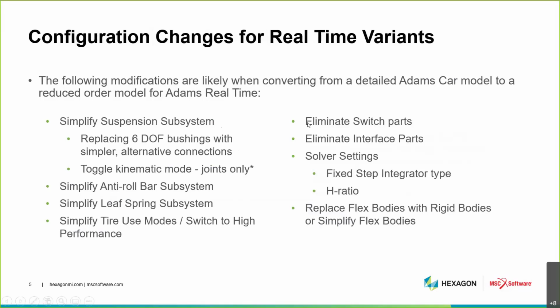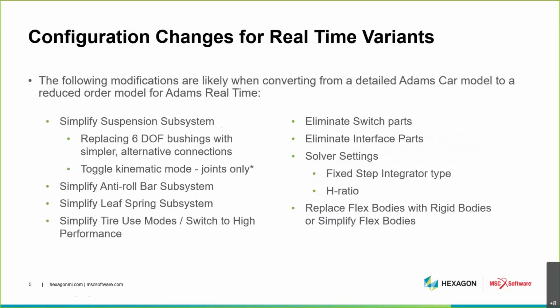We make it very simple to eliminate switch parts, eliminate interface parts, and finally, at least for the testing, you're going to set the solver settings to a fixed step integrator and set the H ratio. Obviously, those things are controlled in the real-time environment when you're actually exporting the FMU.